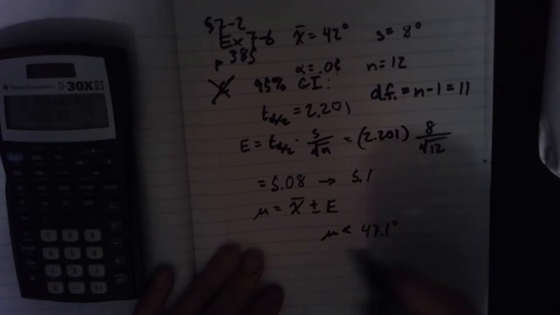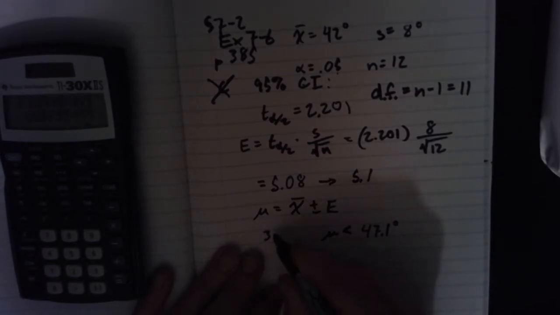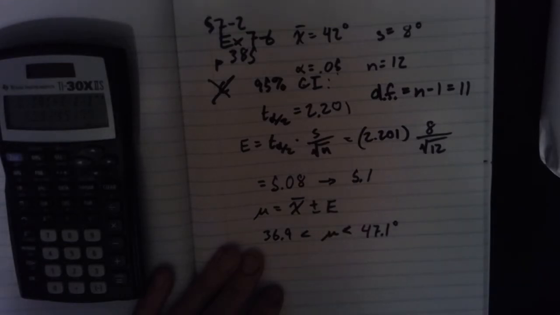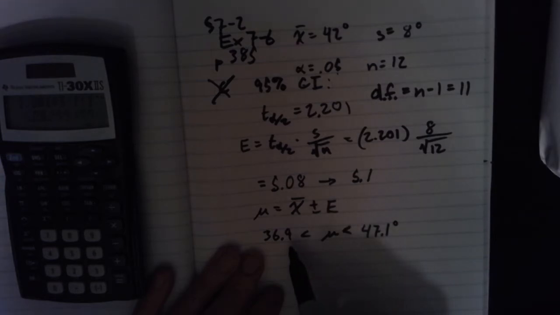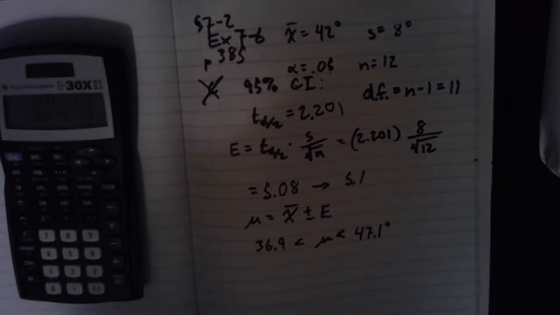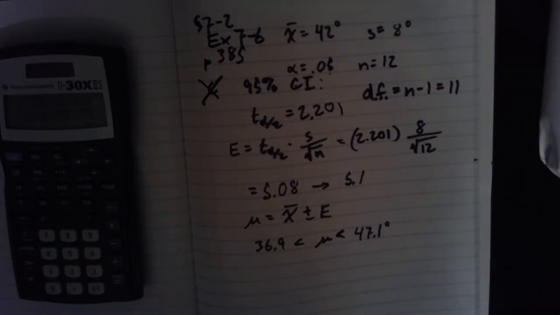No, I'm saying that wrong. 36.9. Let's try that. 36 plus 0.1 is 37, plus 5 more gives us exactly 42. Okay, so I'm happy with that.